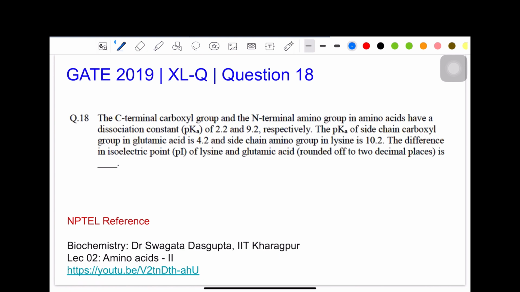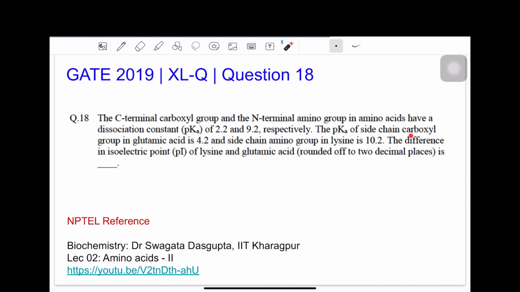I am a Prime Minister's Research Fellow, and today we are solving this question from GATE Examination 2019 from the paper Biochemistry, question number 18. The question states, the C-terminal carboxyl group and the N-terminal amino group in amino acids have a dissociation constant pKa of 2.2 and 9.2 respectively.